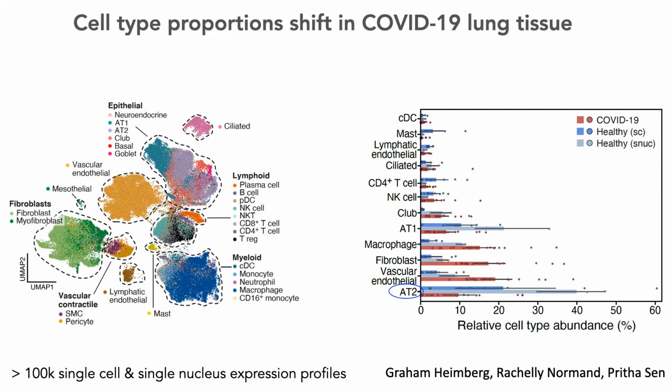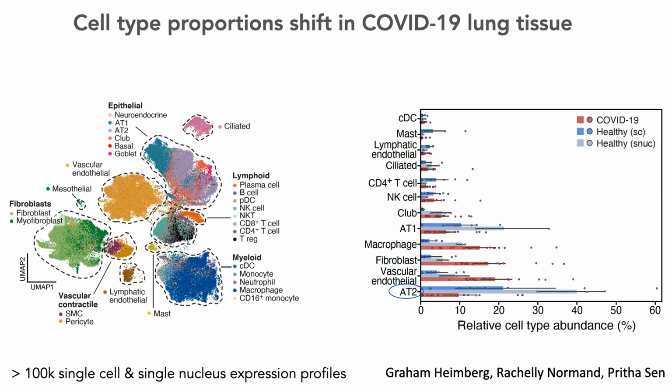The different hues of blue indicate which RNA-seq protocol was used. SC is single cell, SNUC is single nucleus. What we saw was a significant decrease in the proportion of AT2 cells, dropping from 20 to 40% of cells in healthy lung to less than 10% in the COVID-19 lung.